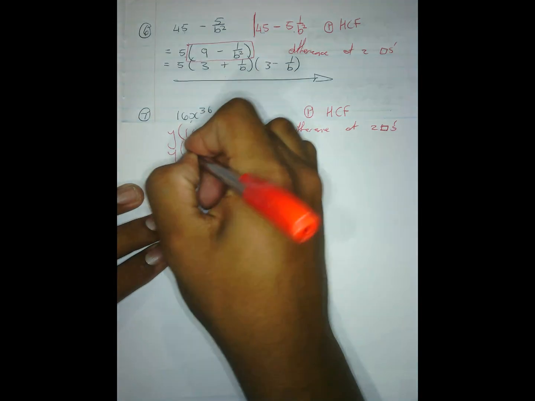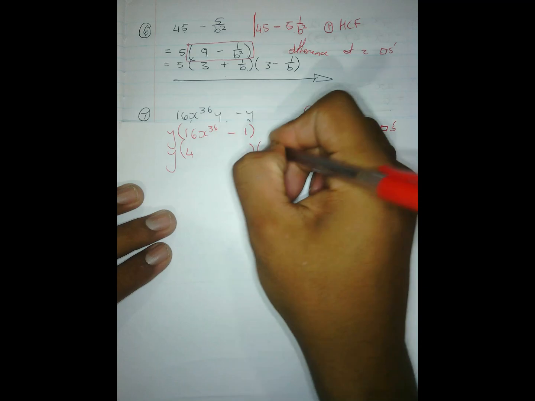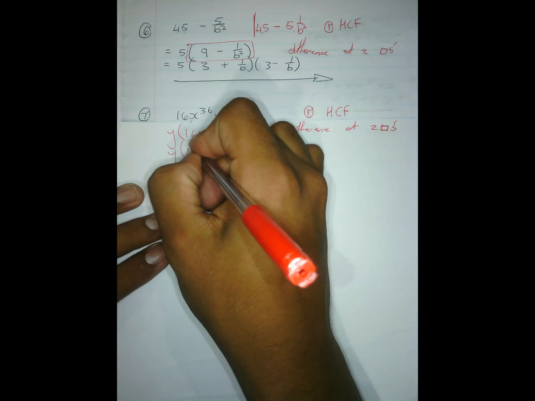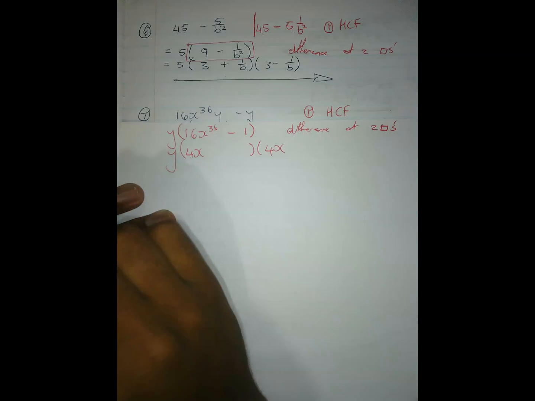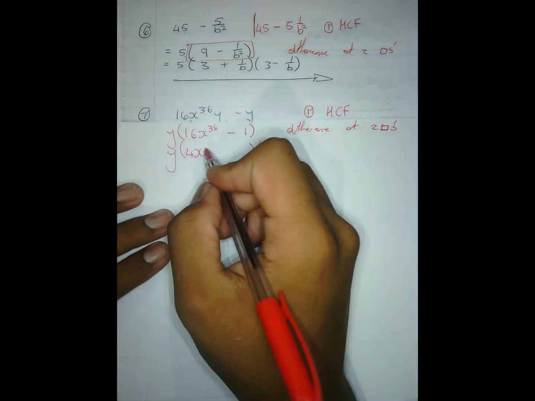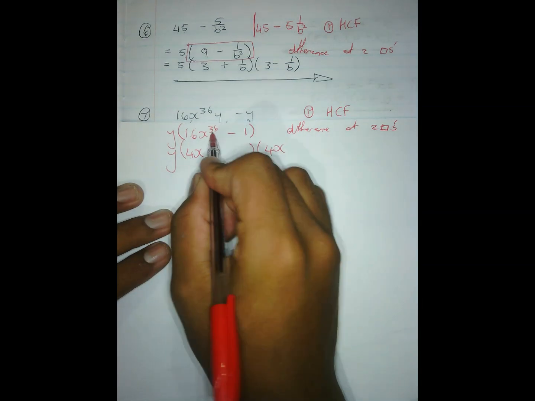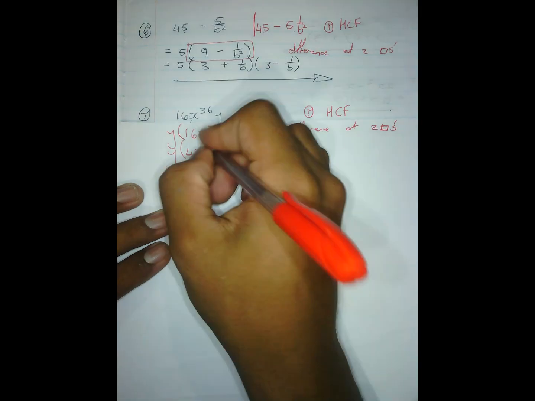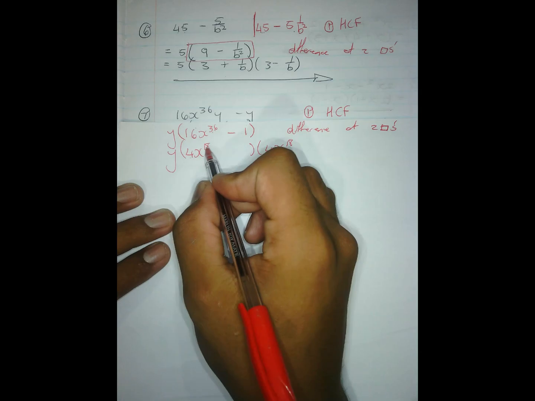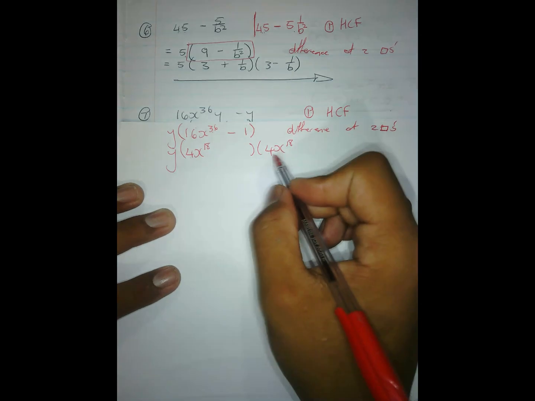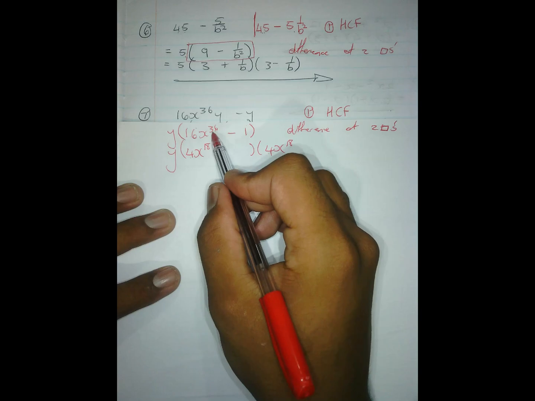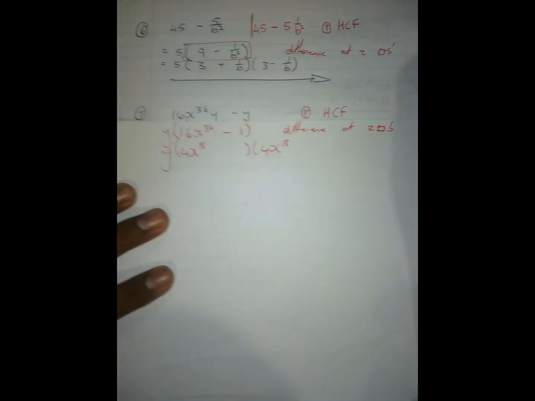So I'm gonna have a 4 there and a 4 there because 4 times 4 gives me 16. This is also 4x. Then I must separate this power of 36, and how I do that is by saying 18 and 18. Because 4x to the power of 18 multiplied with 4x to the power of 18 equals 16x to the power of 36. This is my laws of exponents, right?